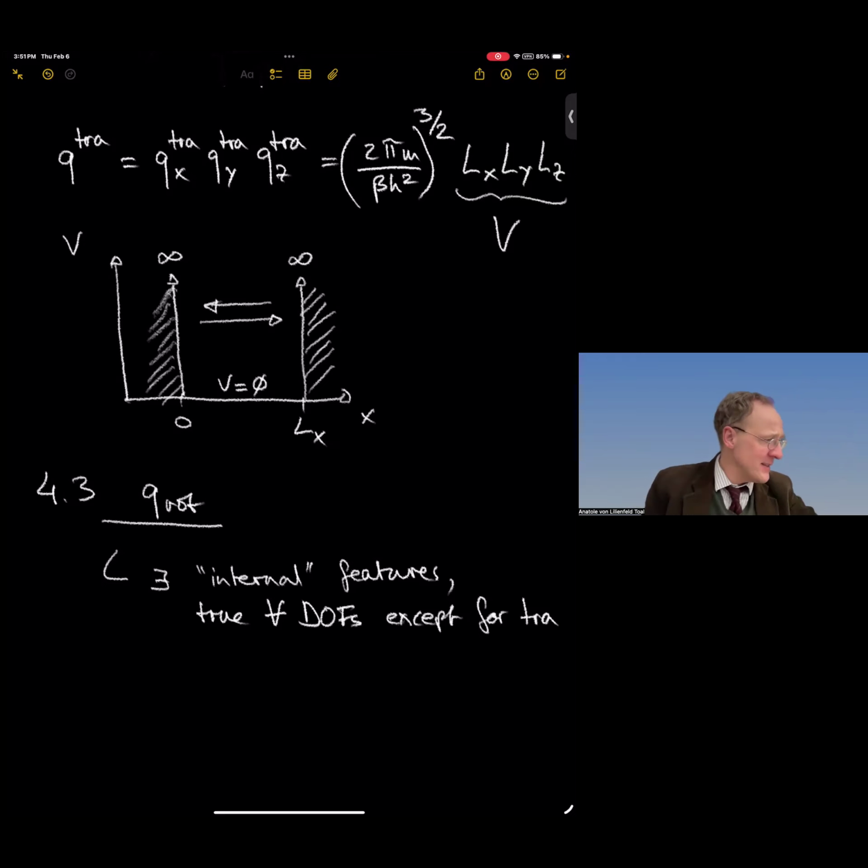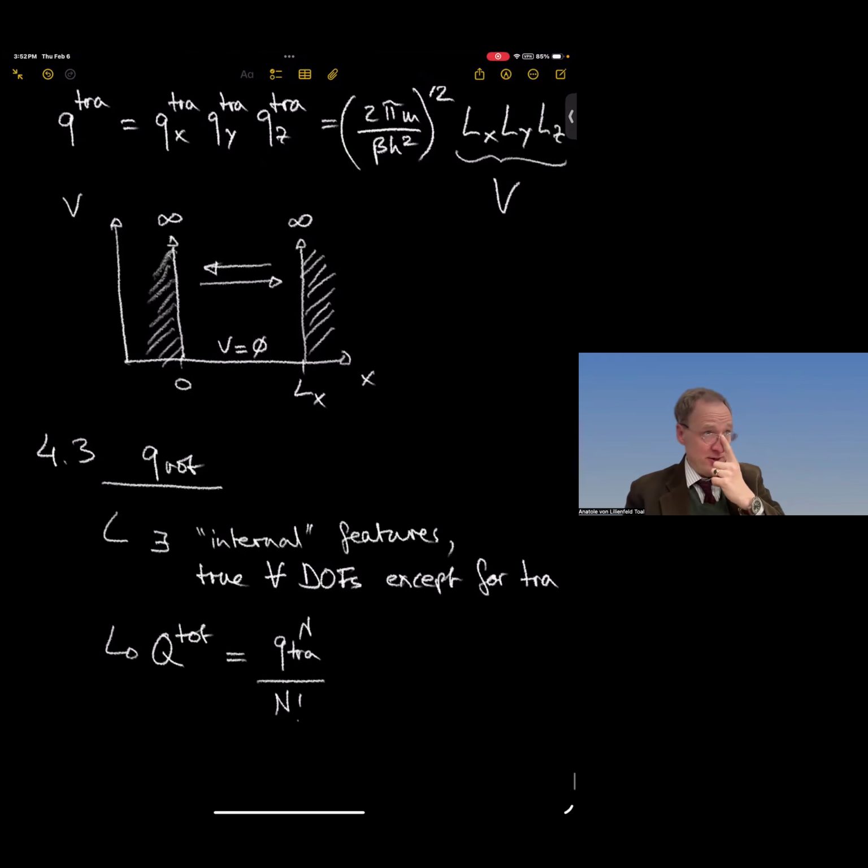we actually have these features, and this has an implication in the sense that our Q tot, the capital one for the macroscopic one, has a Q tra to the n divided by n factorial, because we don't distinguish featureless particles, but then they become distinguishable.